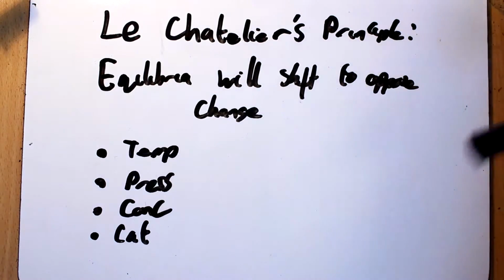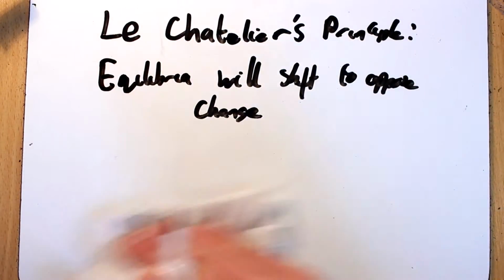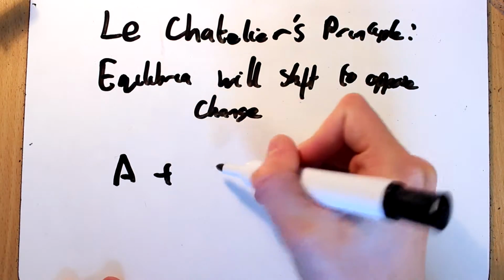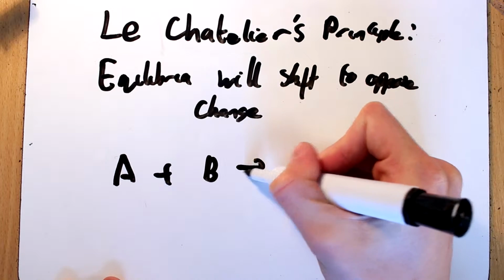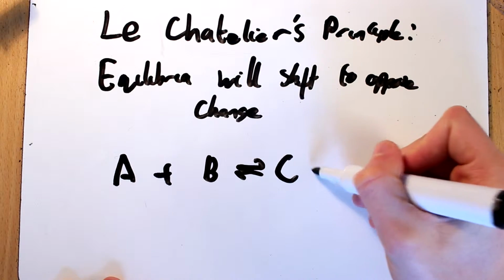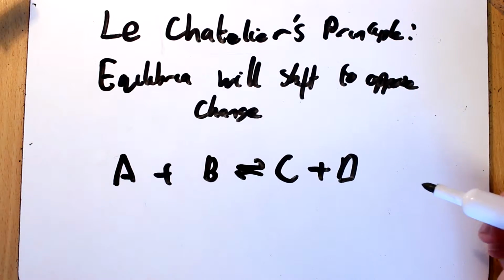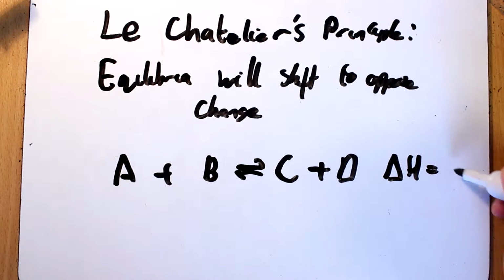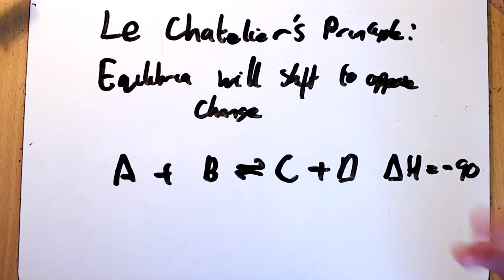So how do these things affect an equilibrium mixture? Well, what I'm going to do is just go back to our little equation that I set up before. So A plus B reacts to form C plus D. And I'm going to give this a random enthalpy value. So I'm going to say delta H equals minus 90. It's completely random.